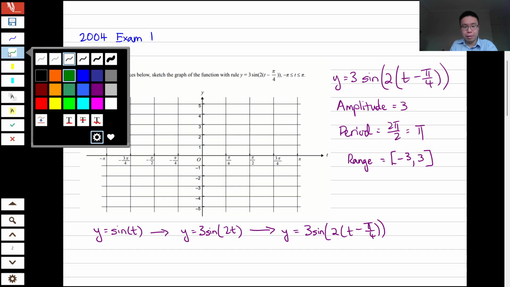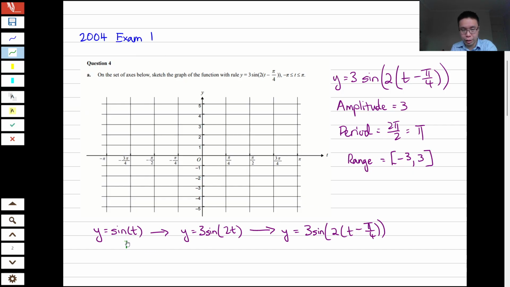So what's happening here? Well, we've got a dilation of factor 3 from the t-axis. Notice I haven't said the x-axis because we are explicitly told that the variable is t, and half from the y-axis.